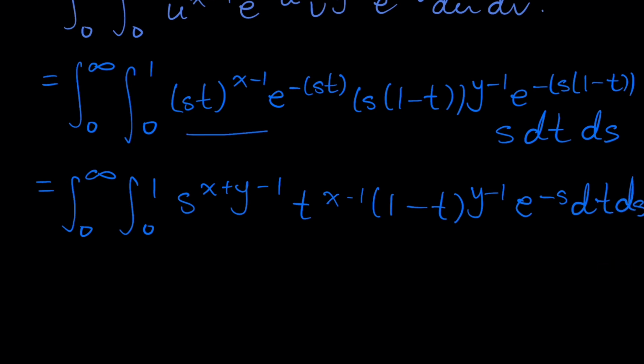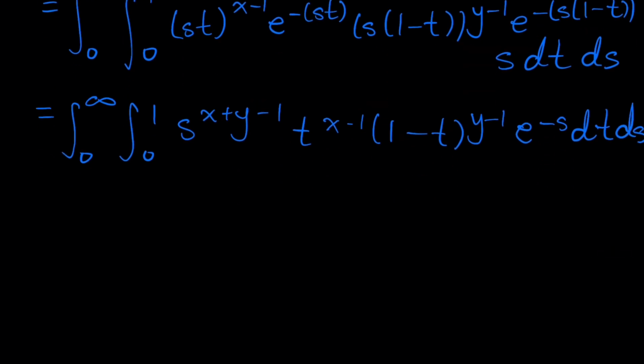I just did some algebraic manipulations over here. And this is because s and t are separate dummy variables, so they don't interdepend on each other. We can separate these two integrals. So we have the integral from 0 to infinity of s to the x plus y minus 1, e to the minus s ds.